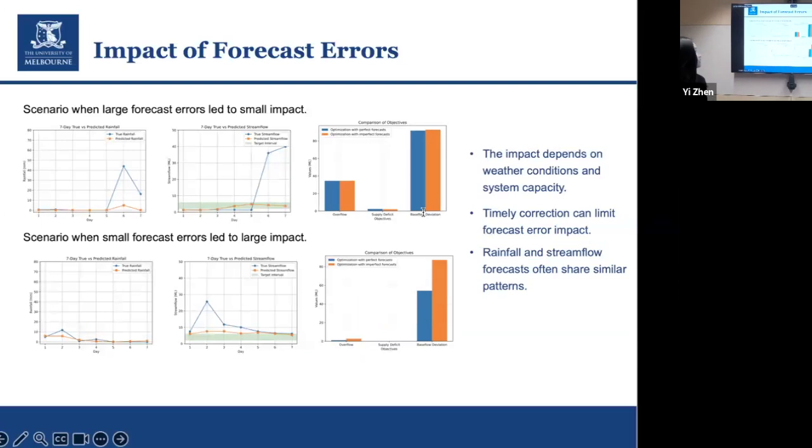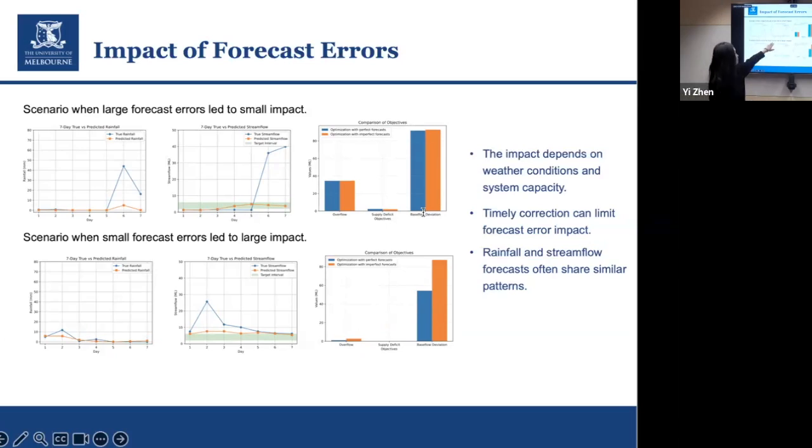And here is a scenario where large forecast errors lead to small impact. This graph plots the actual rainfall versus the predicted rainfall. The blue line is the actual rainfall and the predicted rainfall is in orange.